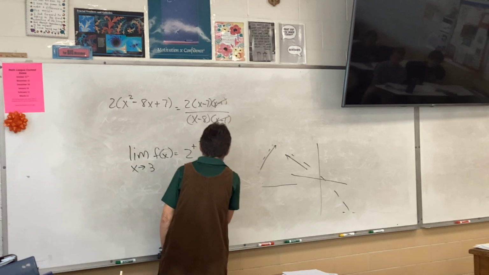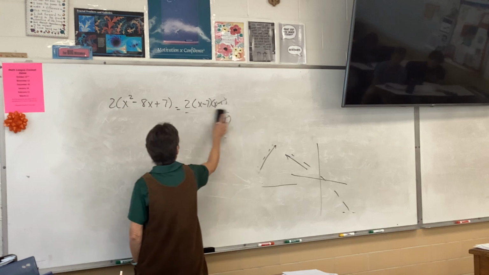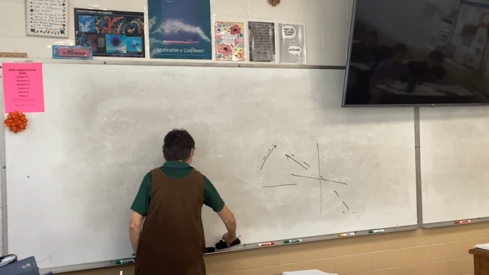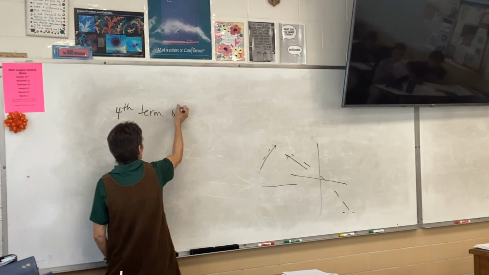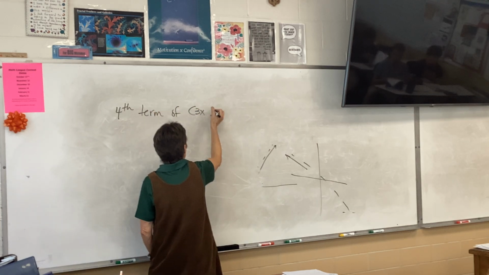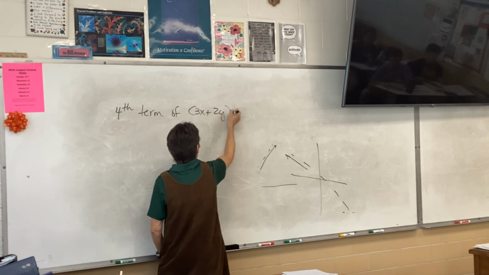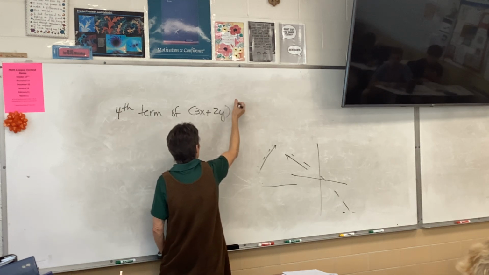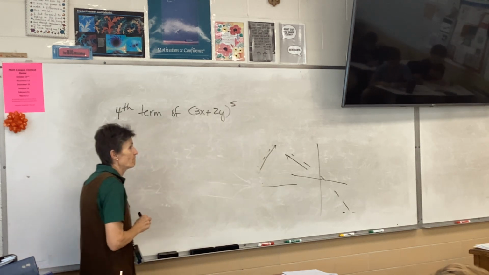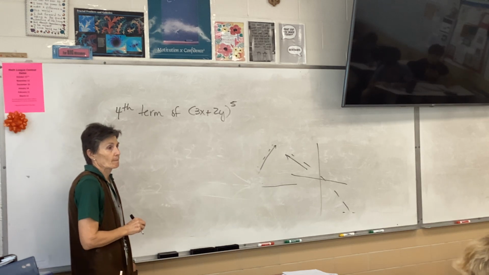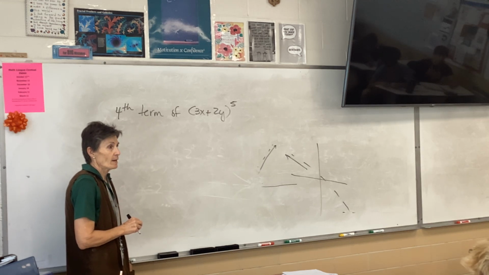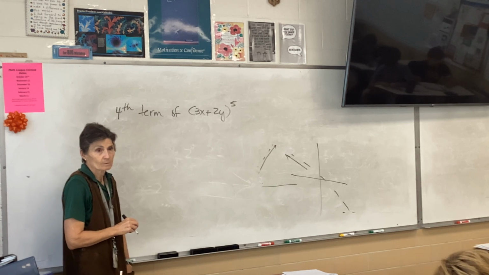Okay, let's suppose we have to find the fourth term of 3x plus 2y to the fifth. All right, we're gonna find the fourth term of this. Okay, so here we go.